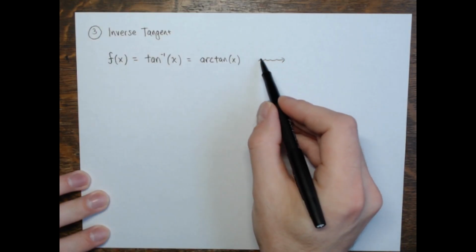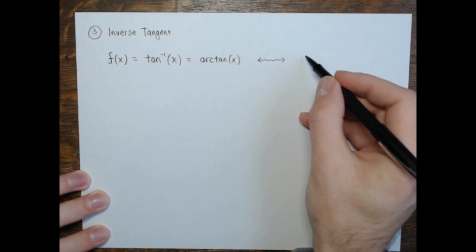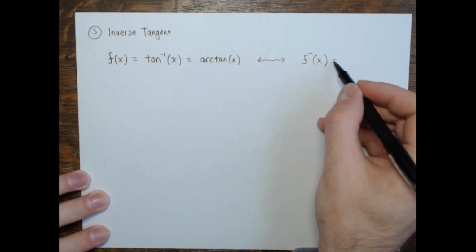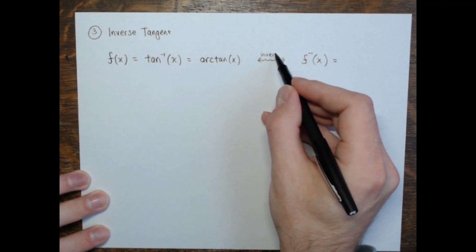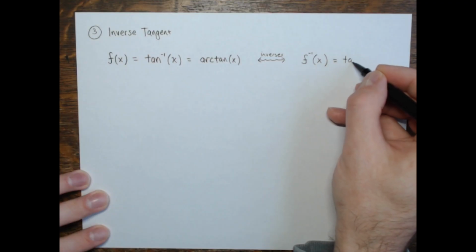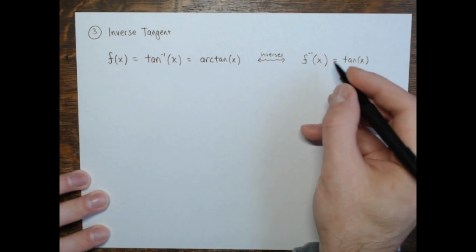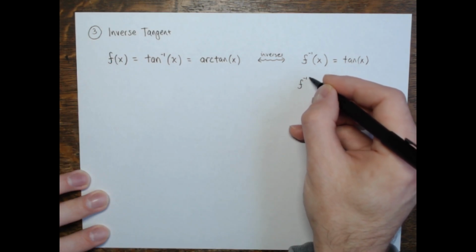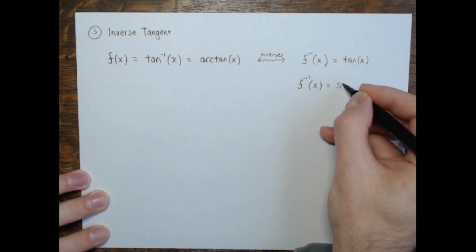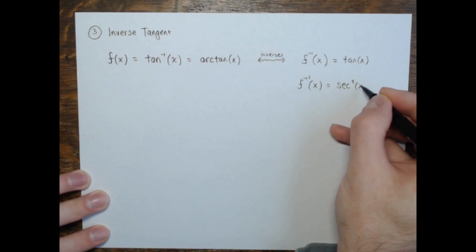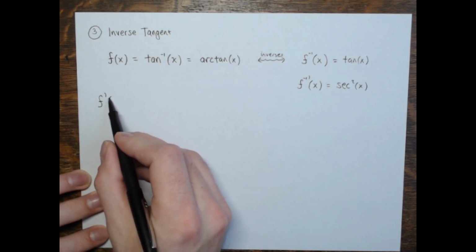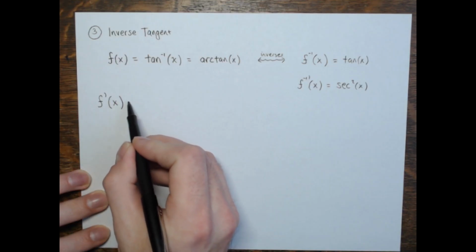So once again, to find the derivative of this, I need to use the derivative of its inverse. And these are inverses. So the inverse of the inverse tangent would be regular tangent. And remember the derivative of regular tangent of x was secant squared of x. So using that rule I've been putting up, I'm not going to write it this time.